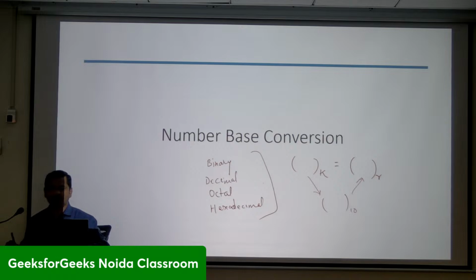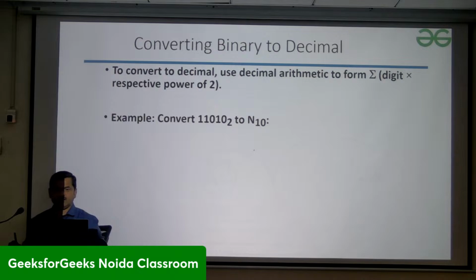Okay, now to know this particular conversion, to come to this concluding remark, we must have the conversion between these defined terms. So from binary to decimal, binary to octal, binary to hexadecimal, and so on. Okay, all right.